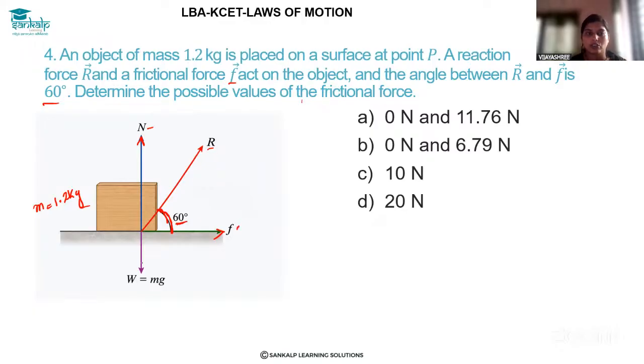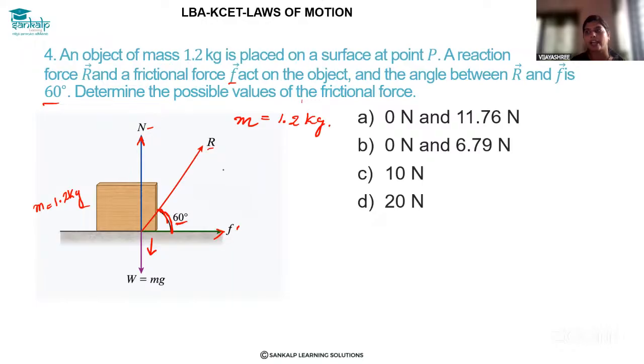So this is the weight of the object, which is acting in downward direction, equal to mass into gravitational acceleration. Let us write the given data first. The mass of the object is given, m is equal to 1.2 kg.